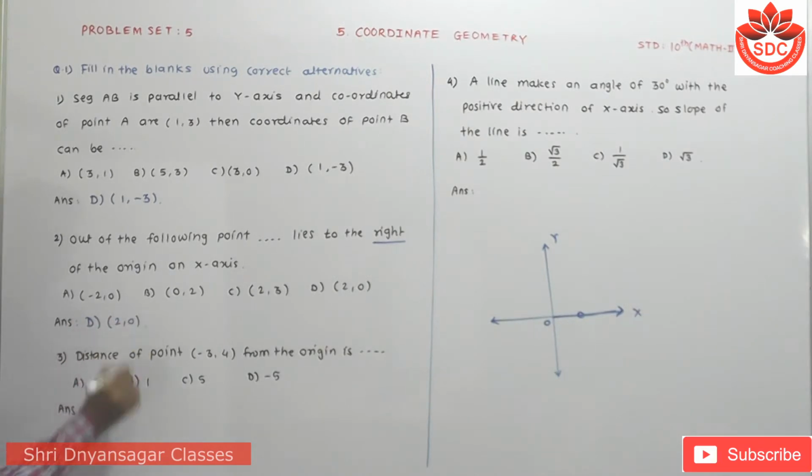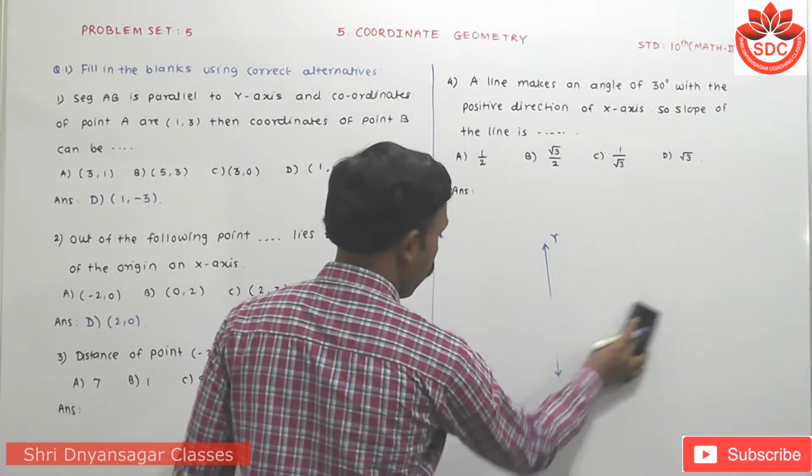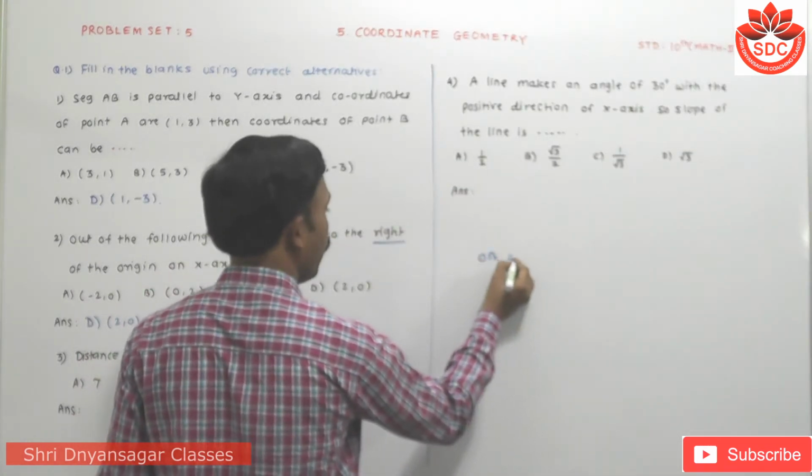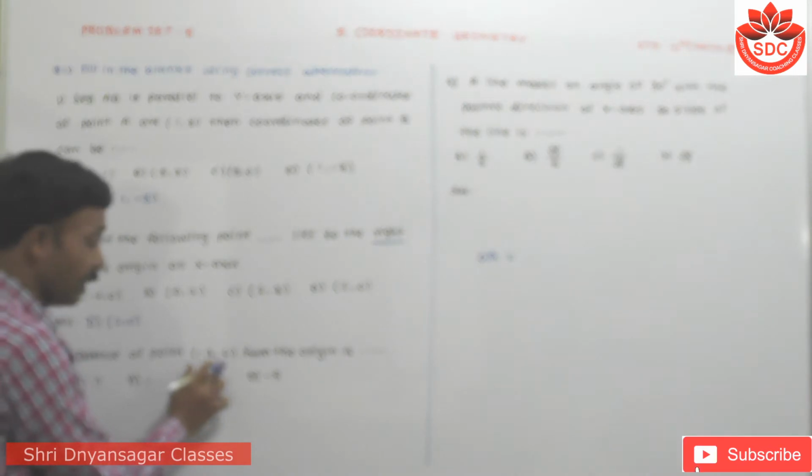Then question number 3: the distance of the point (-3, 4) from the origin is. Now students, for the distance from the origin, suppose the point A has coordinates (x, y).